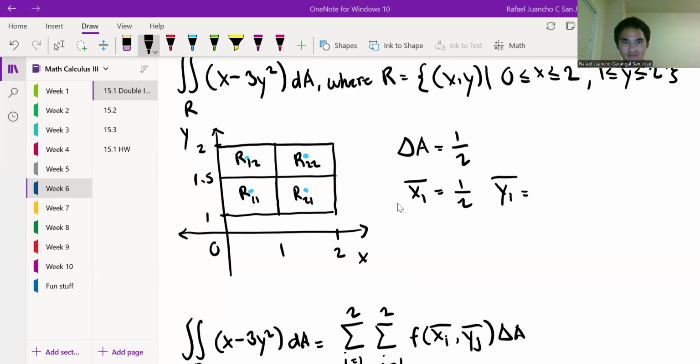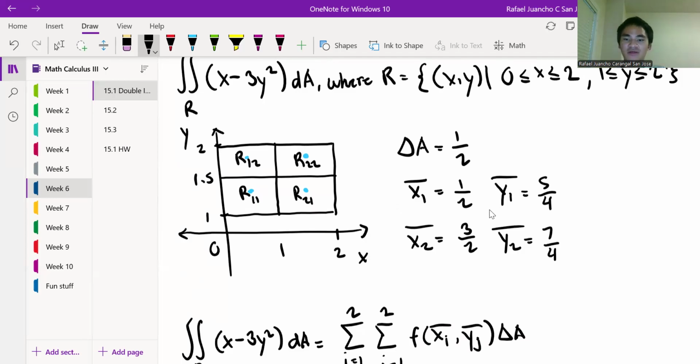I basically get the thing in between here, divide that by 2, 1.25. So yes, that's 5/4. Then I keep going. My x sub 2 is this one here, and so that's going to be 3/2. Then my y sub 2 in this case is going to be 7/4.